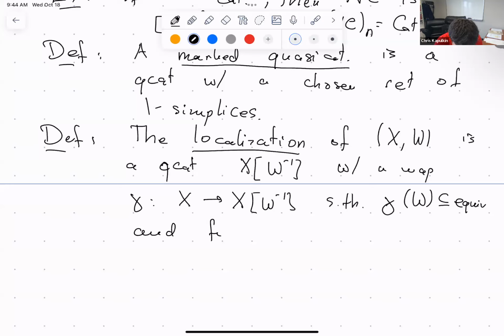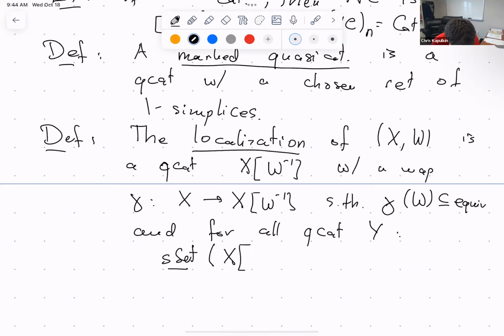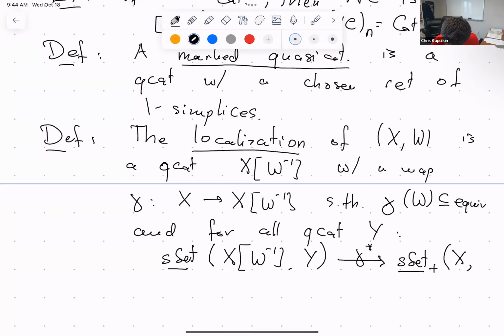And for all quasi-categories Y, we have that the simplicial set of maps from X W inverse into Y, where I can take precomposition with gamma, and here I can take the underlying simplicial set of the marked simplicial set of maps from X to Y with its natural marking, is a categorical equivalence.